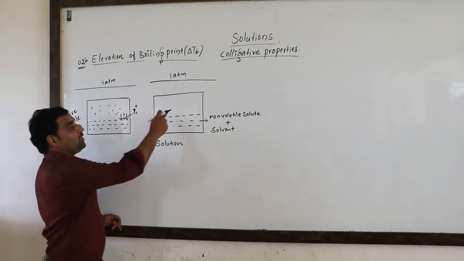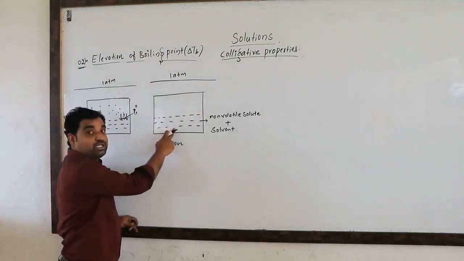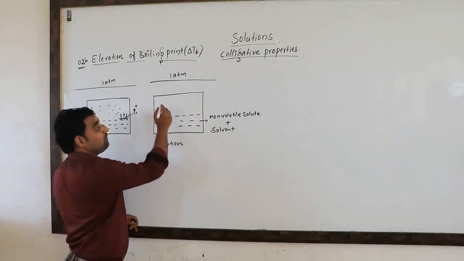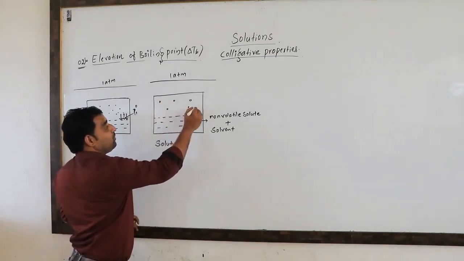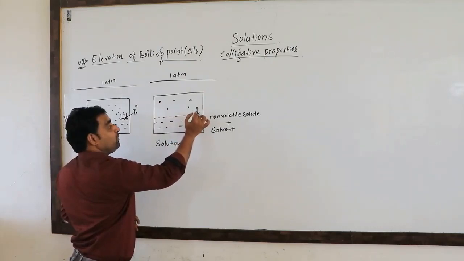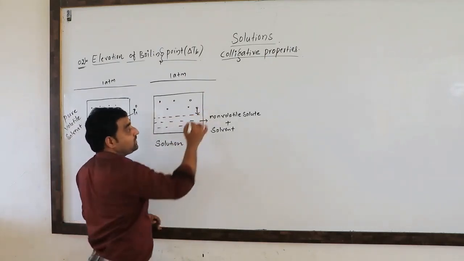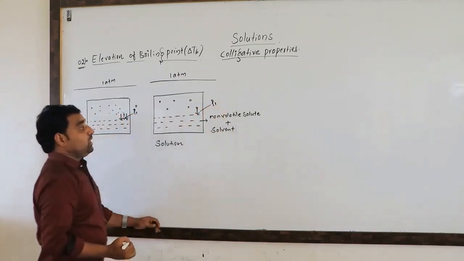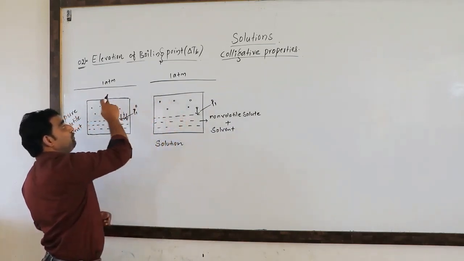So when we add the non-volatile solute to the pure solvent, vapor pressure decreases because of the non-volatile solute. Only some solvent particles will evaporate to form a smaller number of vapor molecules. Those fewer vapor molecules will exert less pressure on the liquid surface. That pressure is denoted by P1. Here the total vapor pressure of the solution is less than the pure solvent.